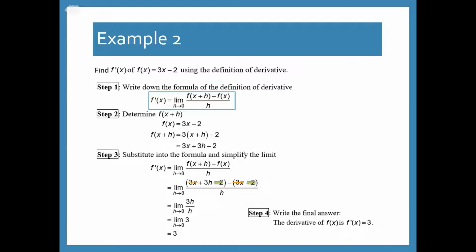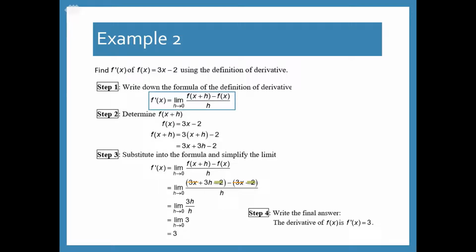Now, refer to example 2. To find the derivative of the given function using the first principle, first write the formula of the first principle. Next, determine f(x plus h) for the given function. As f(x) equals 3x minus 2, then f(x plus h) is equal to 3x plus 3h minus 2.